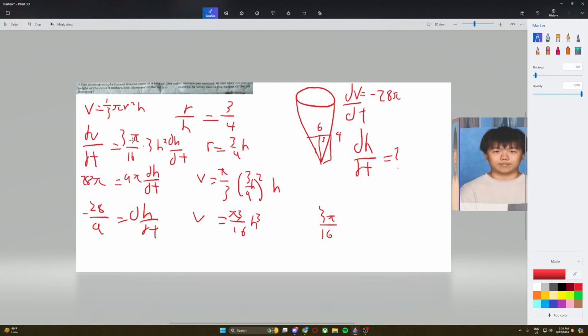That's what I wrote, times 3h squared. So that's 9 over 16 times h squared equals 9 pi.